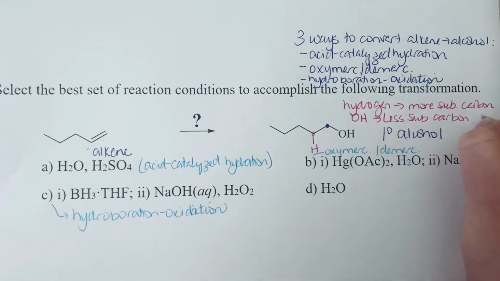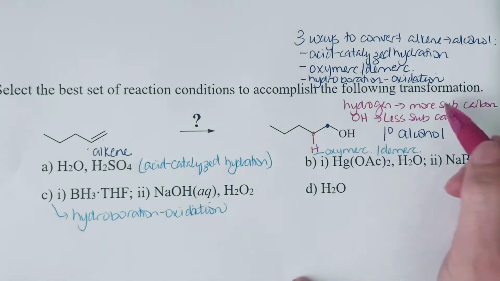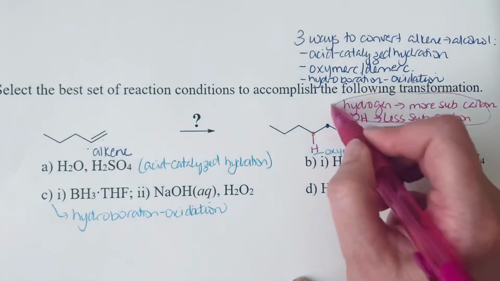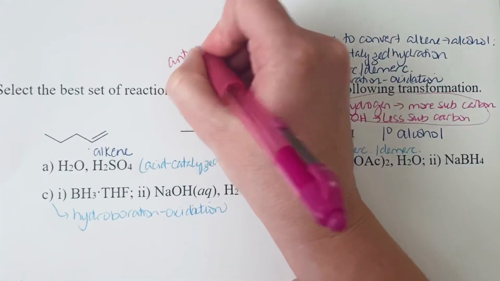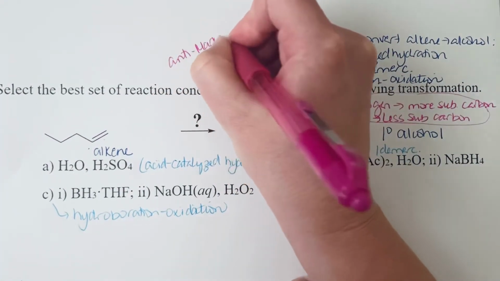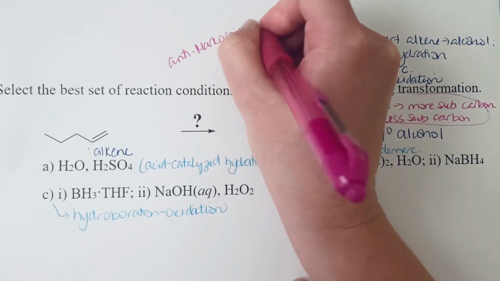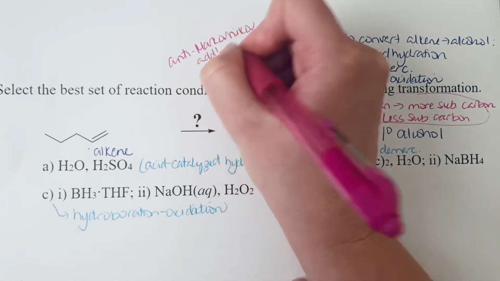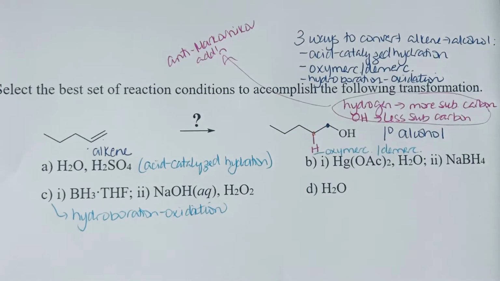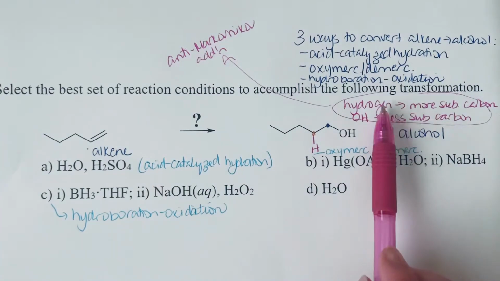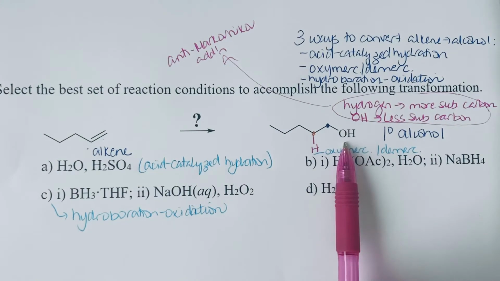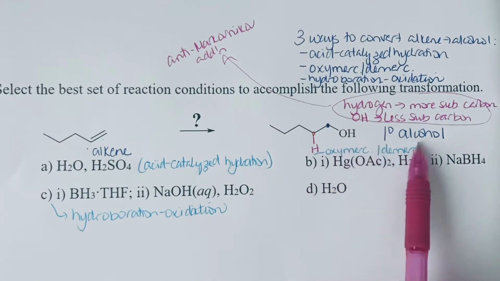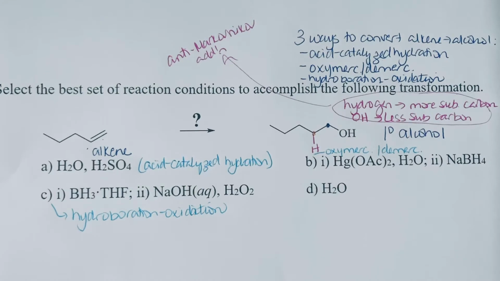Hopefully we can look at this and recognize that this is what we describe as an anti-Markovnikov addition. Markovnikov's rule, you might recall, described the hydrogen as typically adding to the less substituted carbon atom, and whatever functional group you had would end up adding to the more substituted carbon atom.